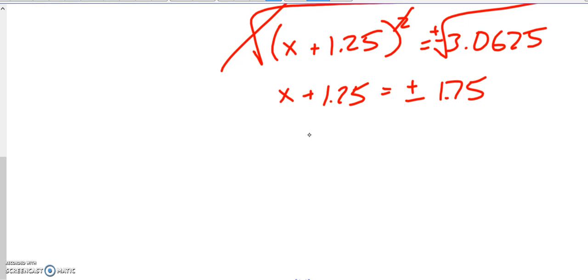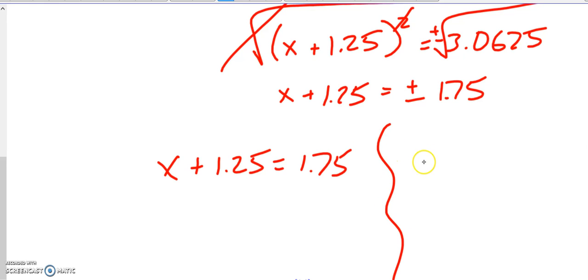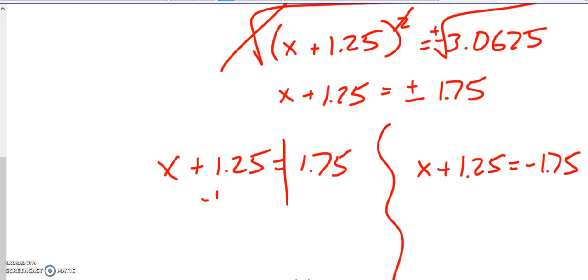If we consider our first case, x plus 1.25 equals positive 1.75. And then our second case would be x plus 1.25 equals negative 1.75. And we could solve these and we would be good. So basically what we're going to find out here is just a quick little subtraction.